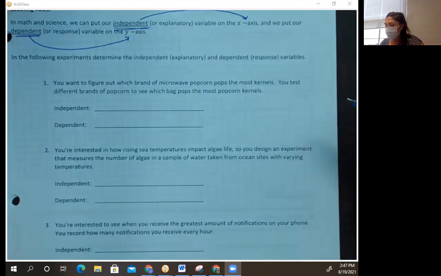You want to figure out which brand of microwave popcorn pops the most kernels. You test different brands of popcorn to see which bag pops the most popcorn. What would be our independent variable here? The brand of popcorn. The thing that I'm picking are the brands of popcorn.